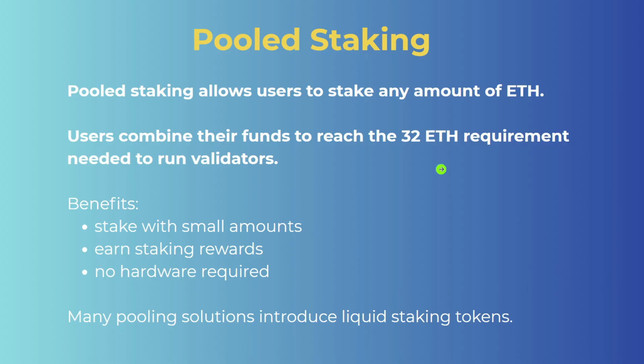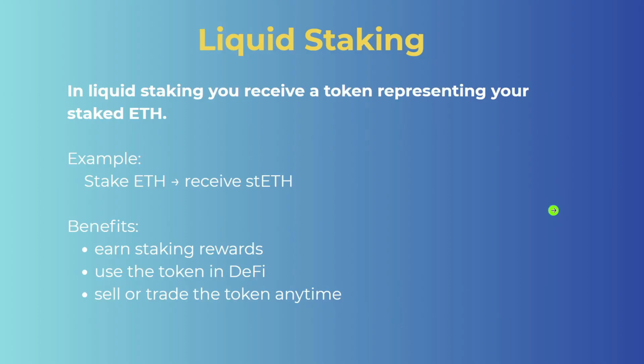So from pooled staking, we go to liquid staking. What is liquid staking? It means that when we stake a little amount of ETH, let's say 0.01 ETH, we receive a token that represents our staked ETH. For example, as it happens in Lido, we stake and receive this stETH token, or staked ETH token.